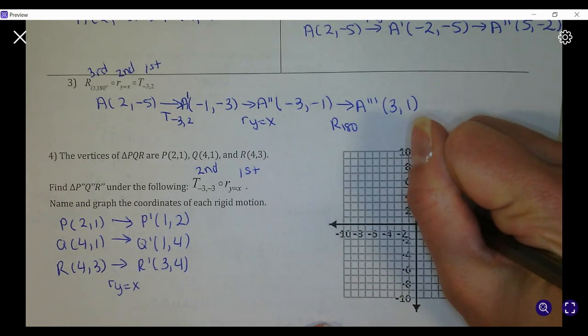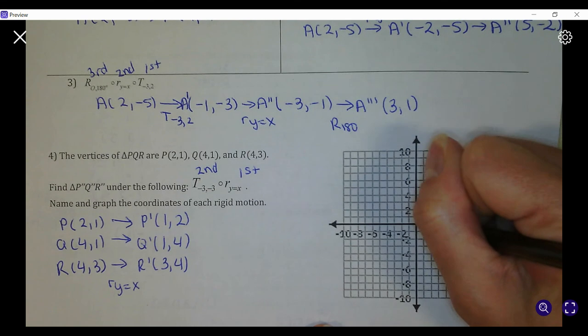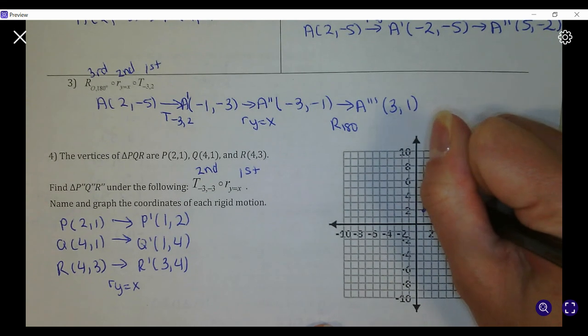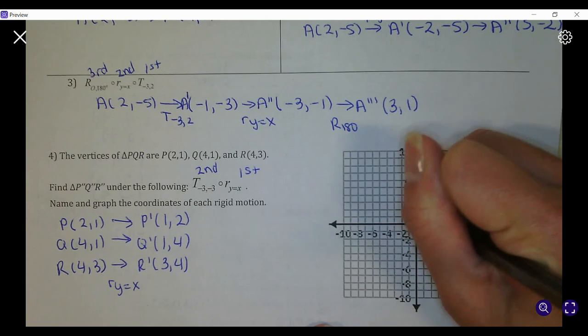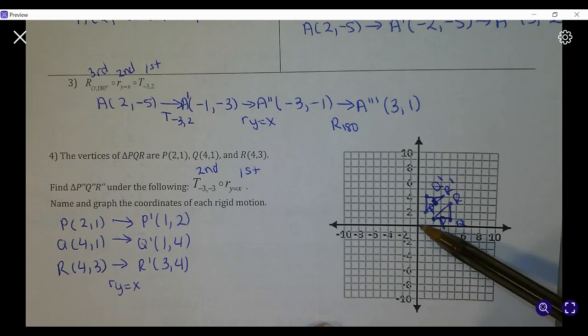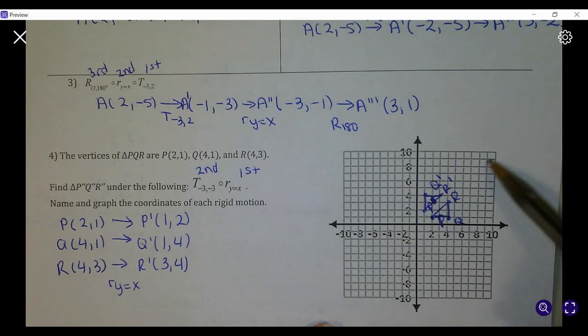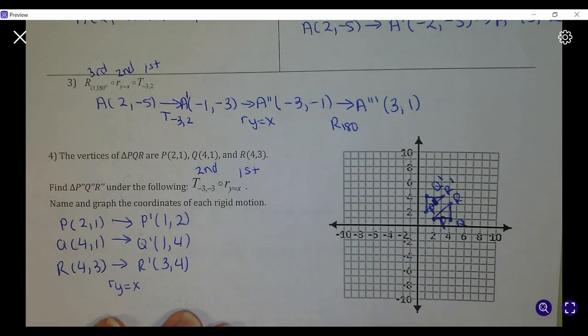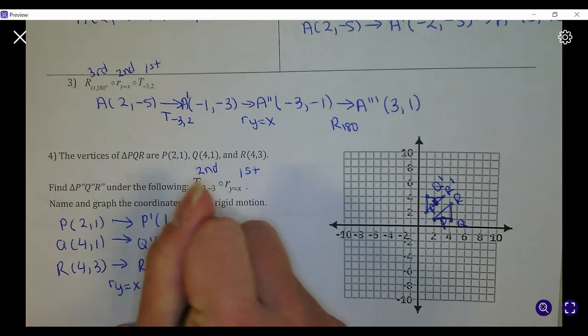These are primes, P prime, Q prime. R prime is 3, 4. Remember, the line y equals x is that slanted line that goes straight through the middle here. So it looks appropriate.